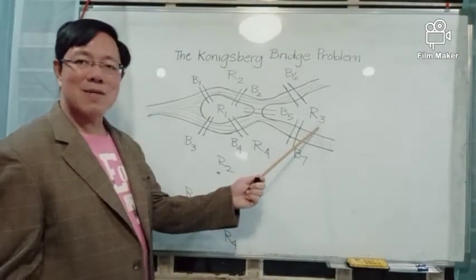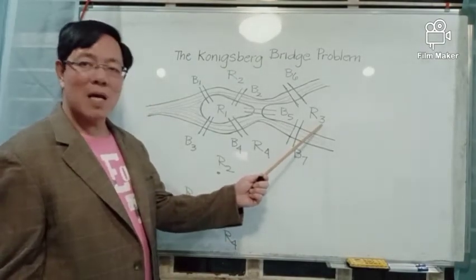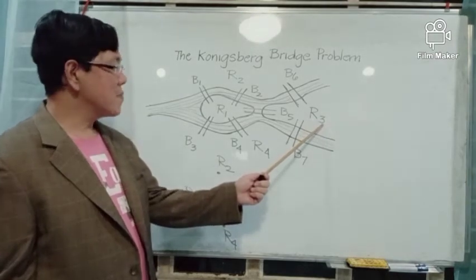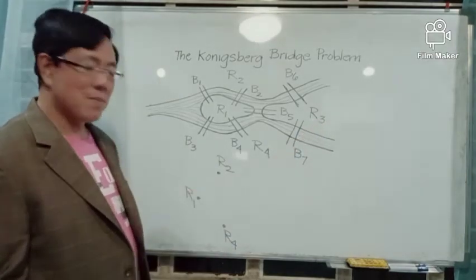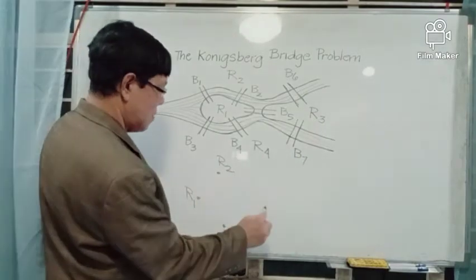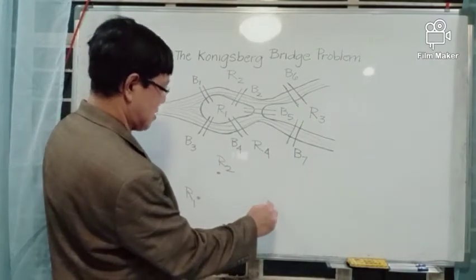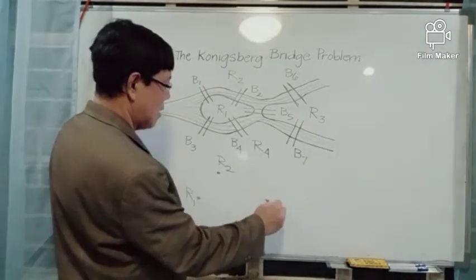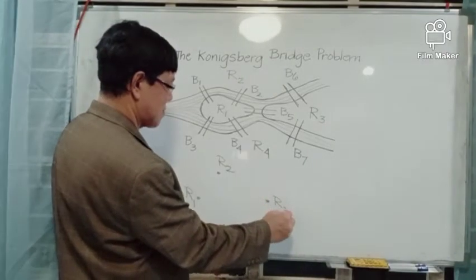And the third land mass or land area will be represented by another vertex. We will call this vertex R sub 3.